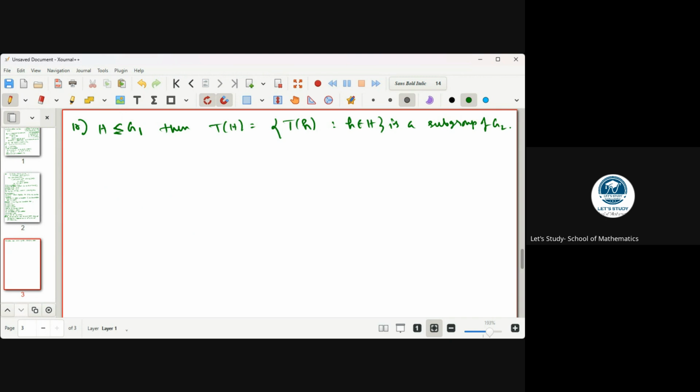This is also true for homomorphism. I'm not writing everything for homomorphism; you can find homomorphism properties anywhere. If K is a subgroup of G2, then T inverse of K, the set of A belonging to G1 such that T(A) belongs to K, is a subgroup of G1.